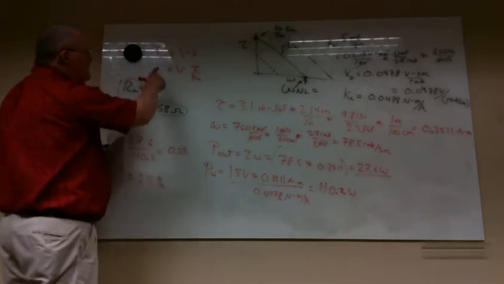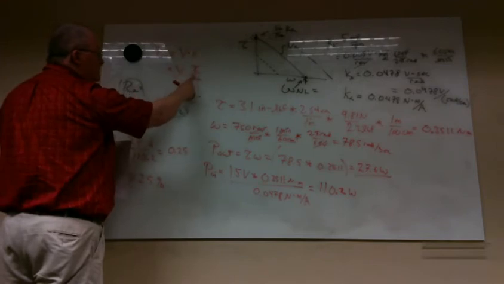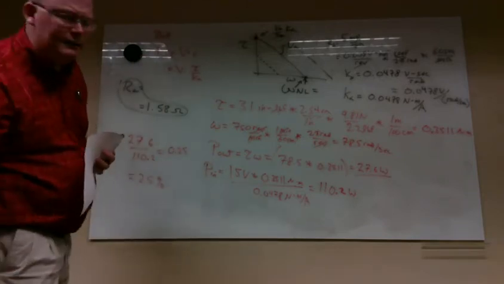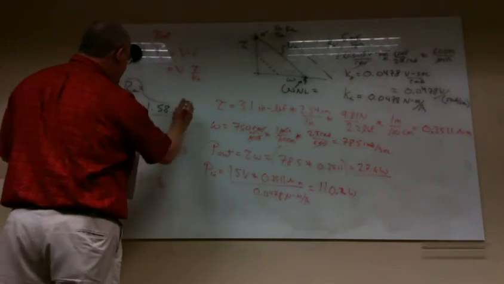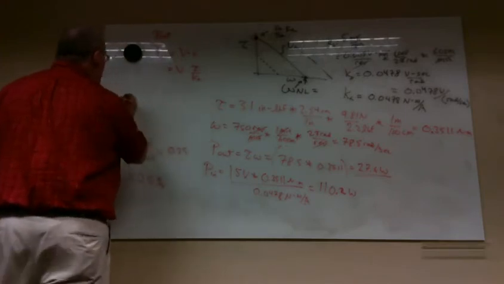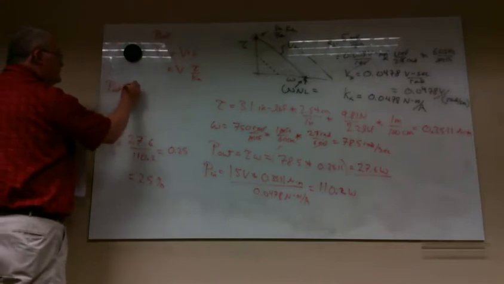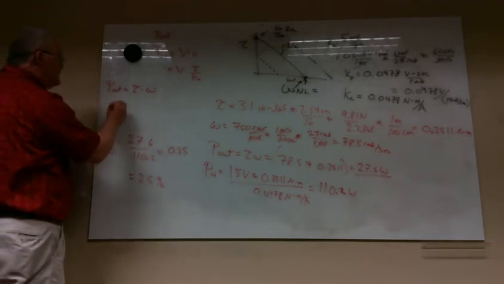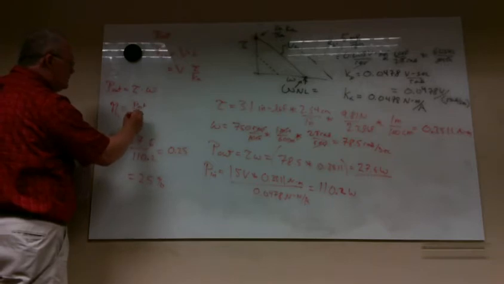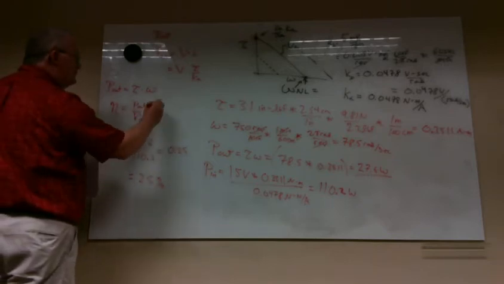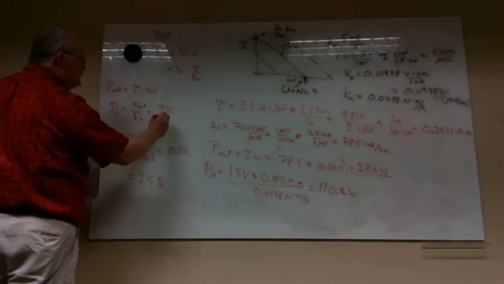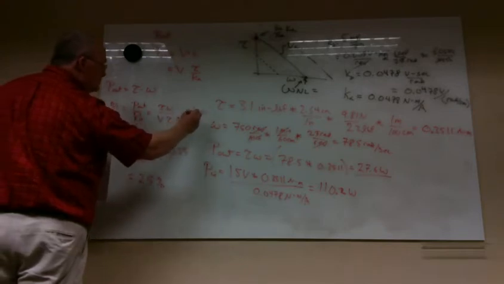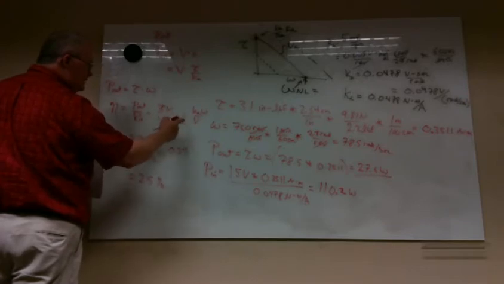If P in is V times I, which is V times torque over K sub A, and P out is torque times omega, like that, then efficiency, which is P out over P in, is equal to tau omega divided by V times tau divided by K sub A, which is K sub A omega over V. Is that right? I think it is, but let's try it out.